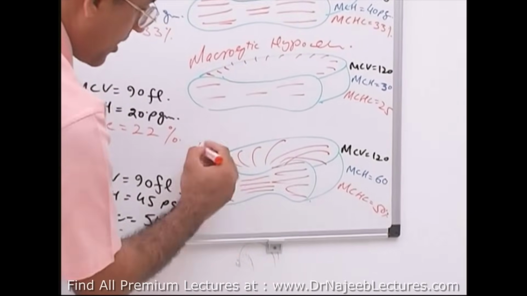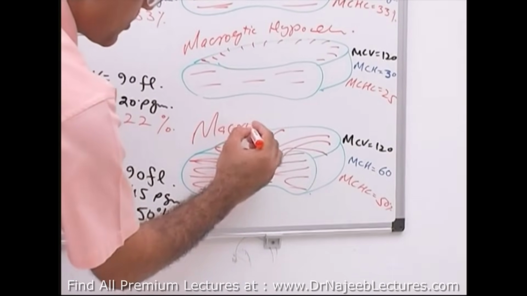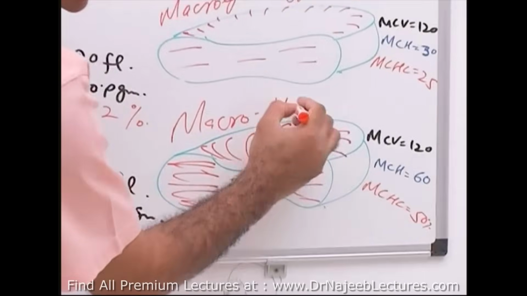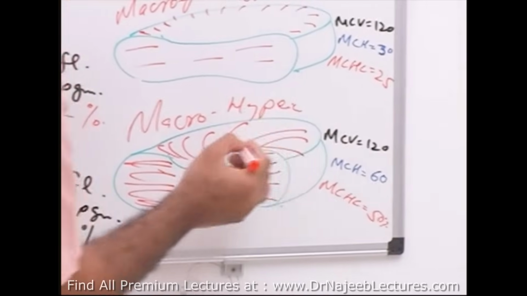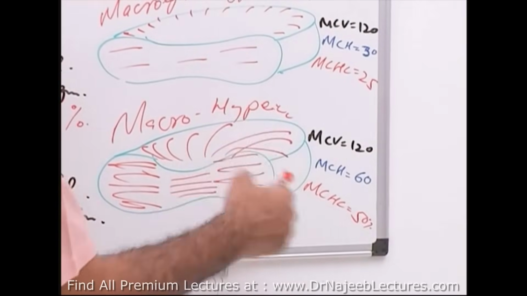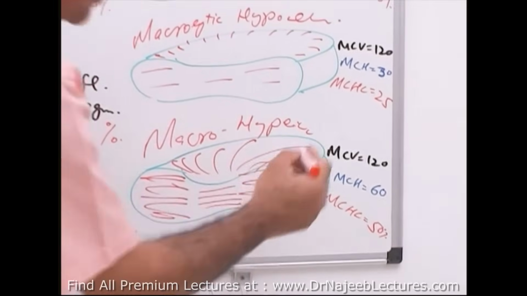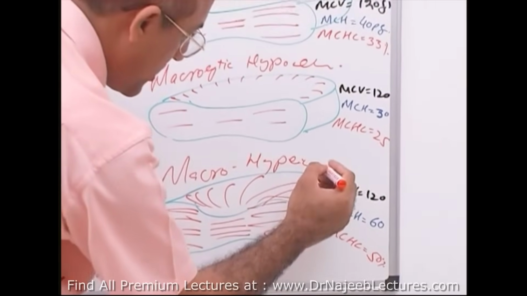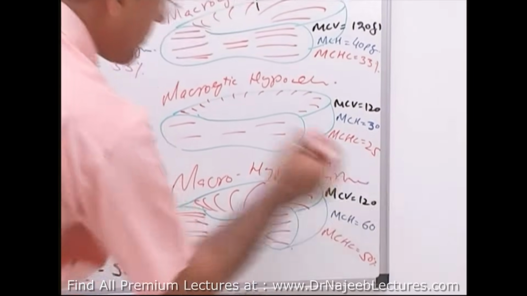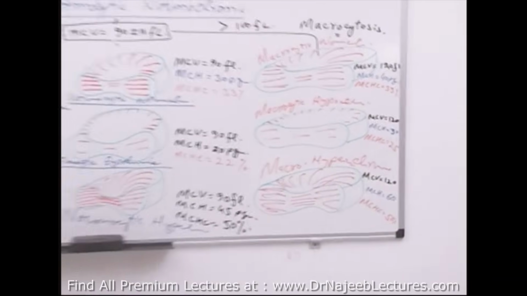What is it? Macrocytic hyperchromic. Even though we don't come across these cells, this is just hypothetical, to show how to develop a concept related with these terms. Hyperchromic. Am I really clear to all of you?